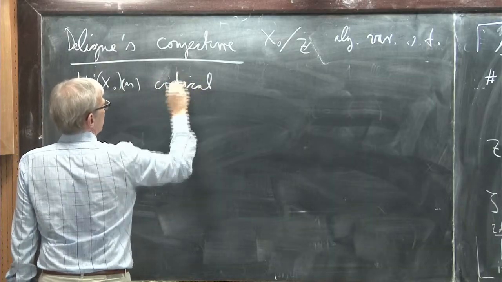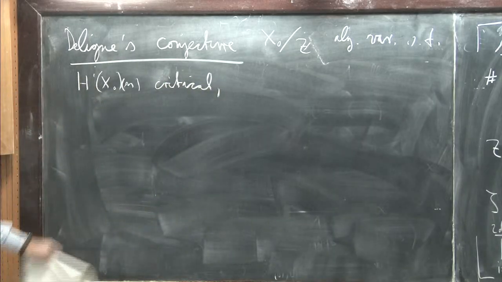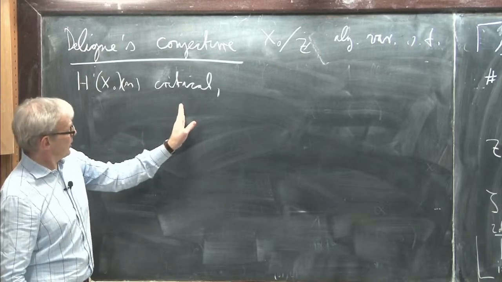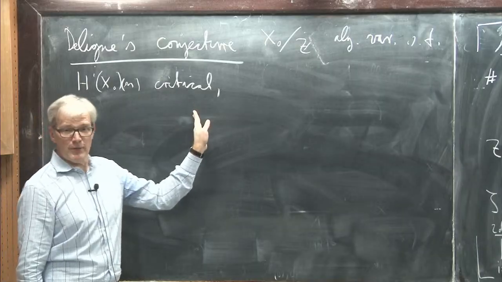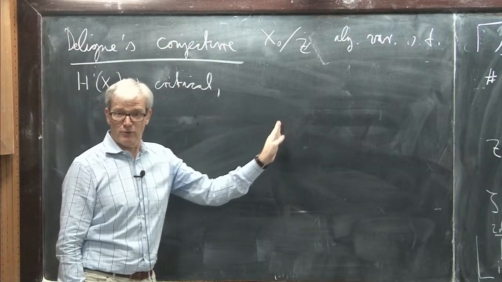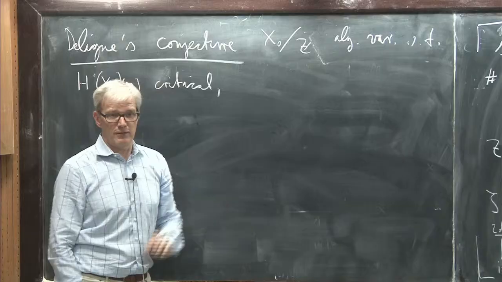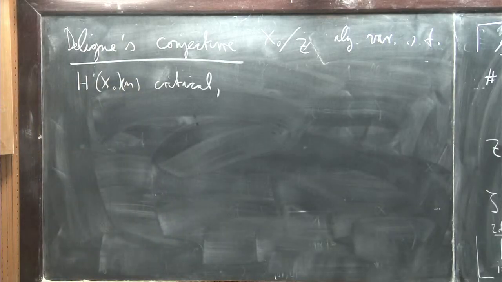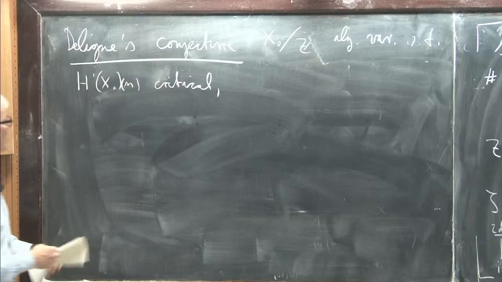That's a technical condition, but it's not always fulfilled. This is like distinguishing between even Riemann zeta values and odd zeta values. The odd ones are not critical, so there's no Deligne conjecture there. There's a much more difficult conjecture there.